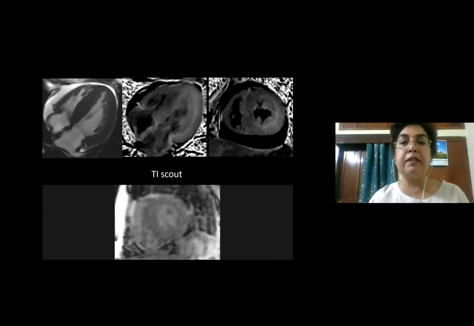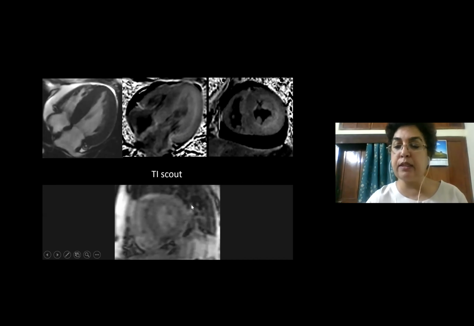It includes hypertension, amyloid. So here the pattern of enhancement is totally different. There's a diffuse enhancement involving the entire myocardium and with subendocardial sparing.